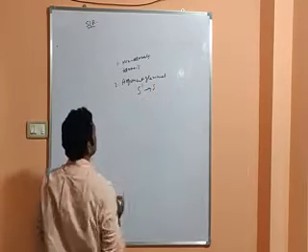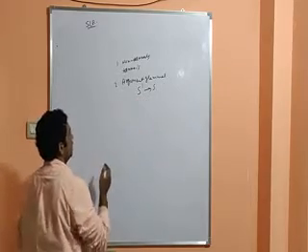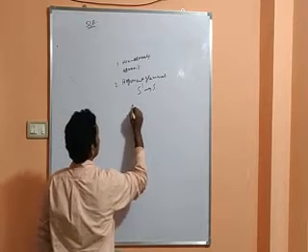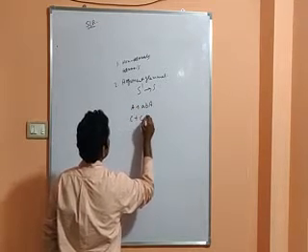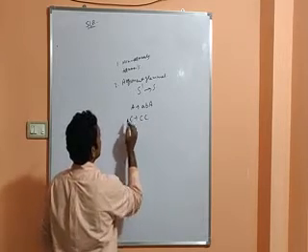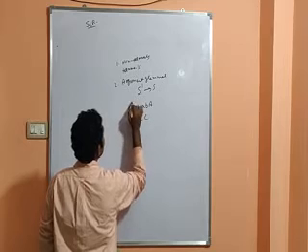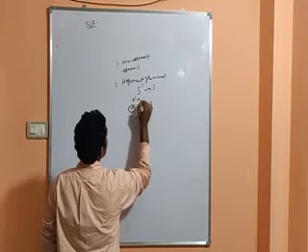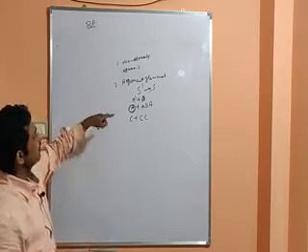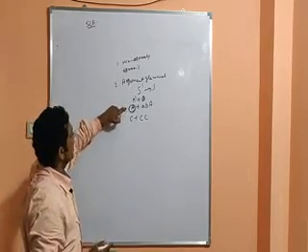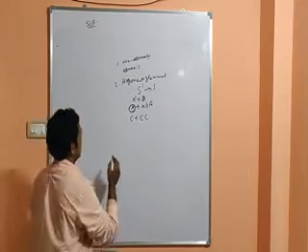The augmented grammar syntax is S dash tends to S. For example, my grammar is capital A tends to A B, and capital C tends to C C. Here the starting node is capital A, so I should add capital A dash tends to capital A. Like this, based upon the first value, you have to add the augmented production with that particular character.